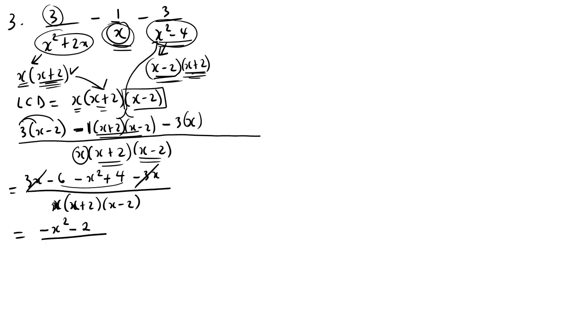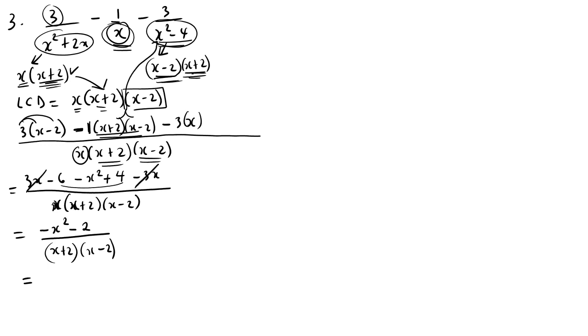So I'm going to divide that by what I get here, which will be x plus 2, x minus 2. All right, so this is what I get. So far, so good. I'll just look around to see if there's anything that I can simplify.